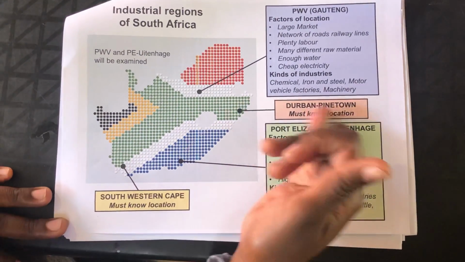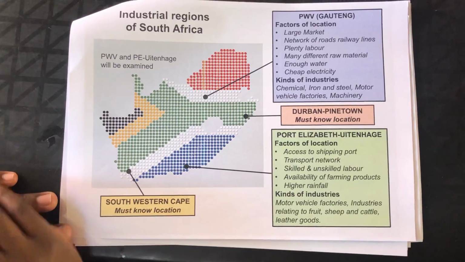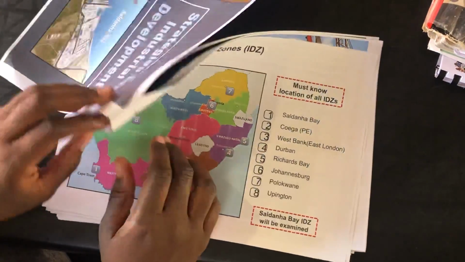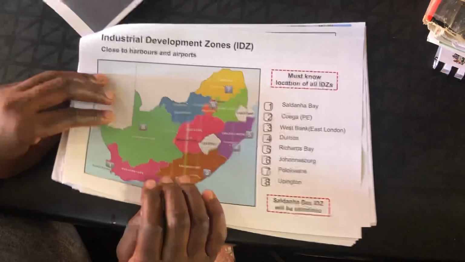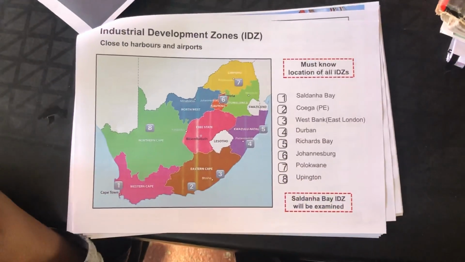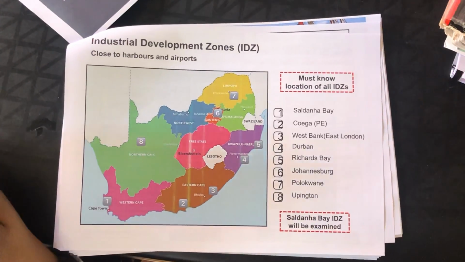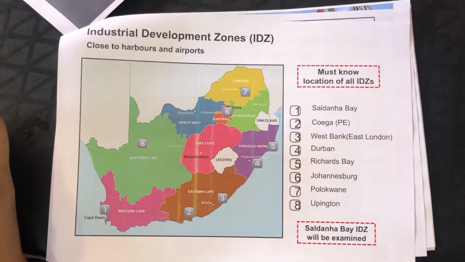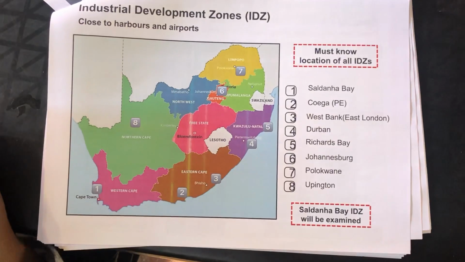We also have the Durban Pinetown, and we also have the Southwestern Cape also. It's a must for you to know. Now, whenever we look at industrial development or industries in South Africa, we also look at strategies for industrial development, especially after 1994, when South Africa gained its independence.